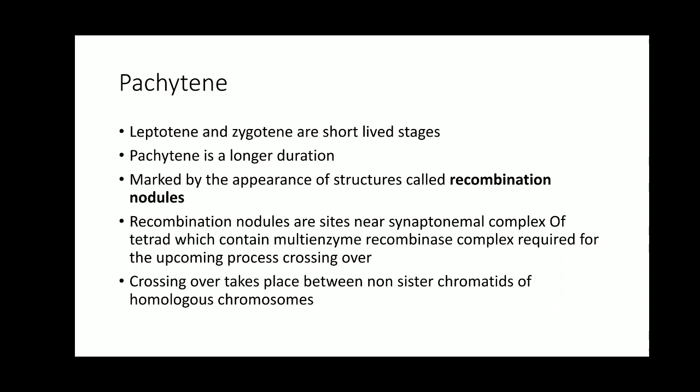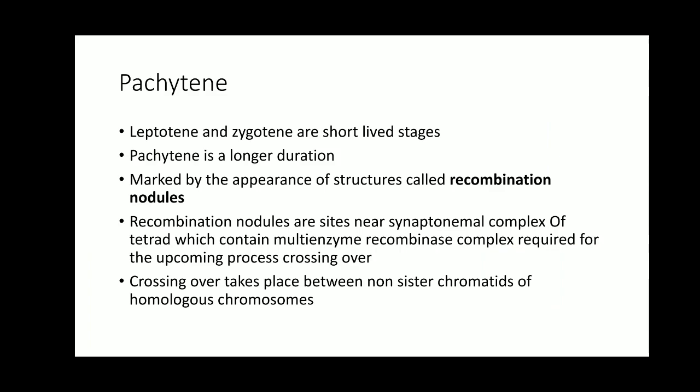Crossing over is a process that takes place between homologous chromosomes, specifically between two non-sister chromatids. It is the exchange of genetic material between two non-sister chromatids of a pair of homologous chromosomes by the enzyme recombinase.